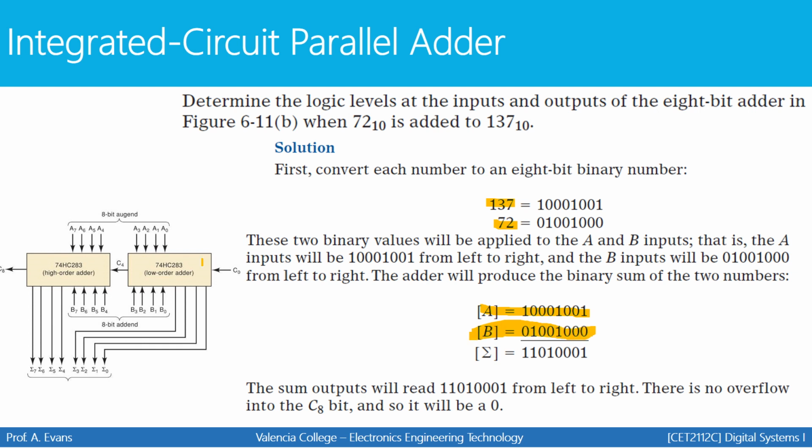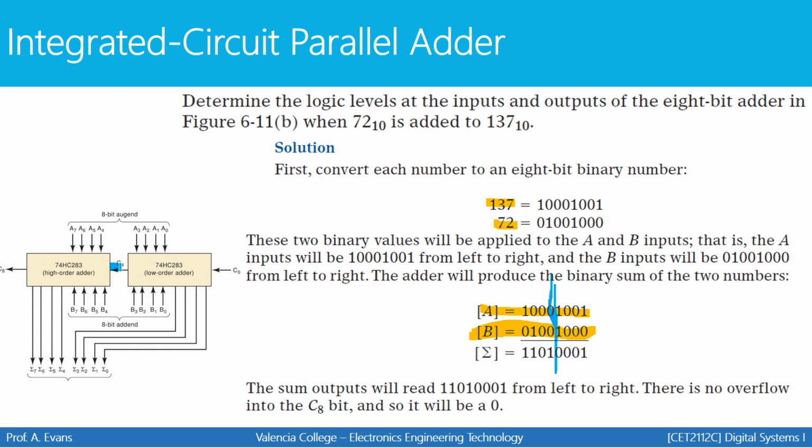We're going to consider 72 to be input B. So the lower order adder, the one on the right, is only going to add up the lower order half of the number, which means it's only going to add the 1001 and the 1000. It's going to add that up. 1 plus 0 is 1, 0 plus 0 is 0, 0 plus 0 is 0, 1 plus 1 is 0, carry the 1.